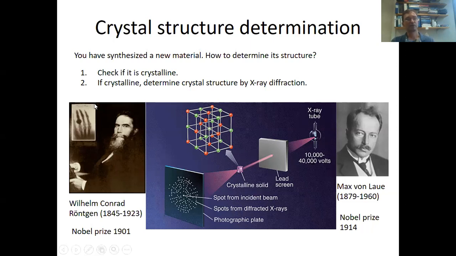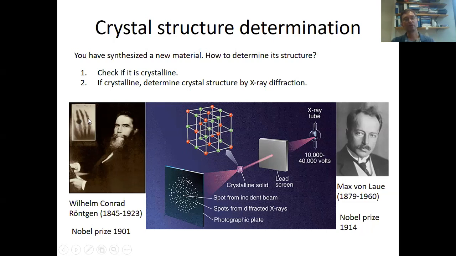He discovered that X-rays can be absorbed by matter, and that this X-ray absorption can be used in order to see the bones of a hand. This is a famous X-ray image here. So this is actually the hand of Röntgen's wife, and you see she has a ring around her finger.